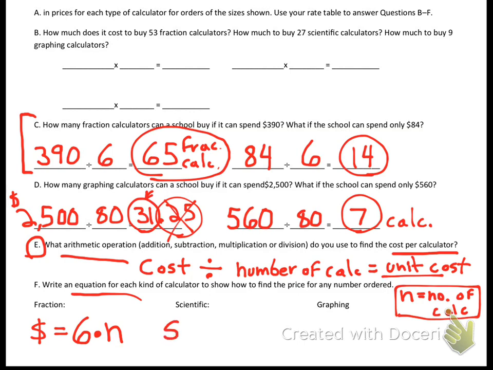What do you think the scientific one's going to be? We take that cost. How much does each one cost again? 16 times the number of calculators. And I bet you can figure out the graphing one already. The cost is going to equal 80 times the number of calculators.